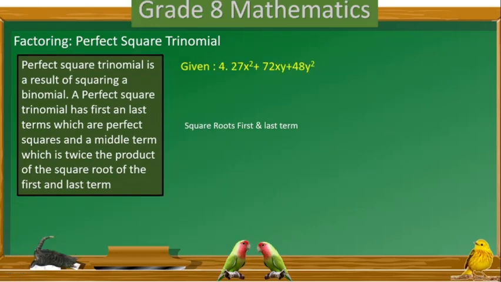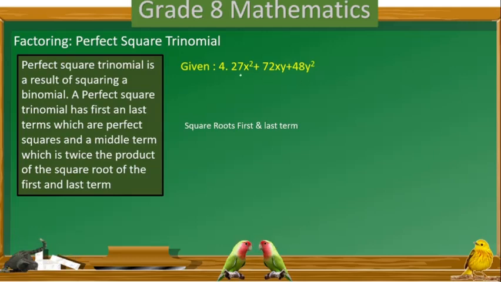Okay, next. The given is 27x squared plus 72xy plus 48y squared. So as you notice, the first term is not a perfect square, and also with the last. So all you have to do is to find first the greatest common factor of the given trinomial.